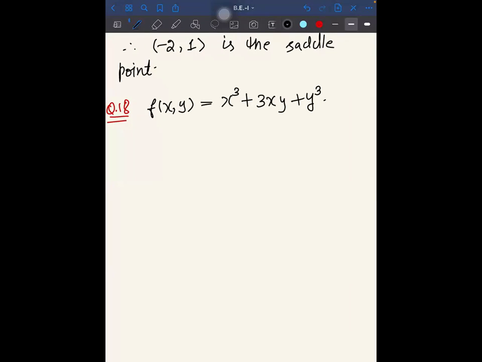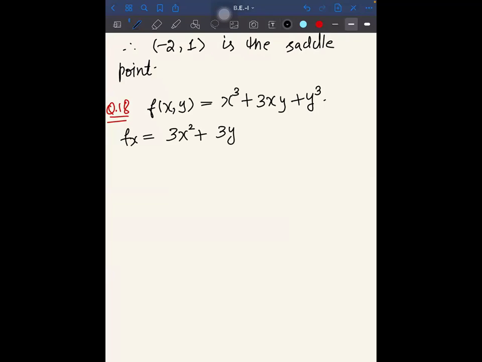Are you getting my voice? Okay. So I'll start with the same thing: I'll have fx, and that's 3x square plus 3y.